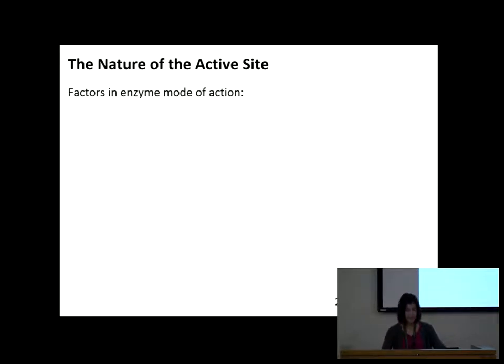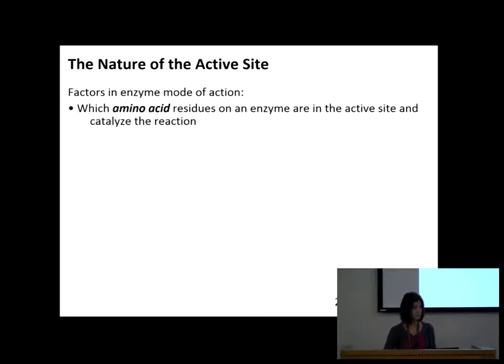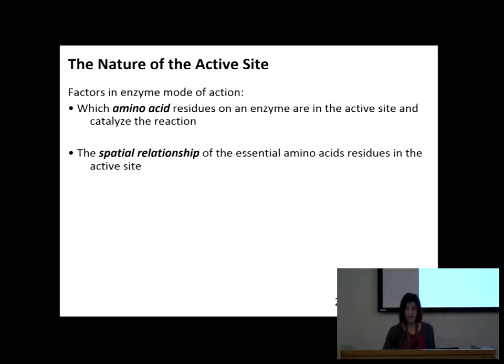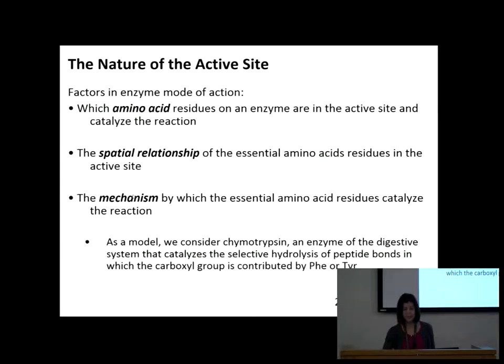Now, to understand what's going on in the active site, we need to know which amino acids are there at the active site and how they are in a spatial relationship to each other. So we identify the amino acids, the spatial relationships, and then we look at the mechanism. What steps are involved?